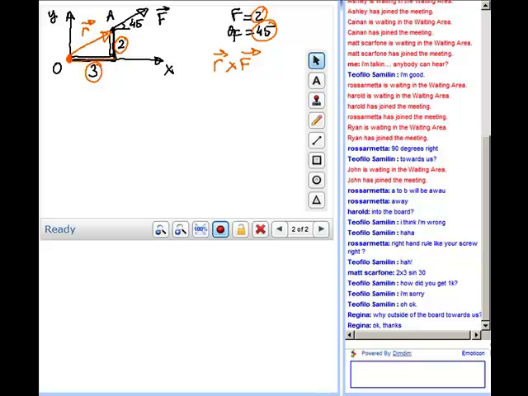Because first we need to figure out the angle between R and X, and then we need to play around with this angle and 45 to figure out the exact angle between R and F. Everybody agrees? Then once we got this, we need to figure out the length of R, which we can do using Pythagorean theorem, but that sounds like at least 3 or 4 steps.